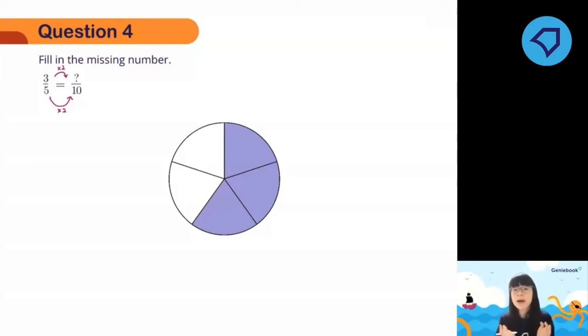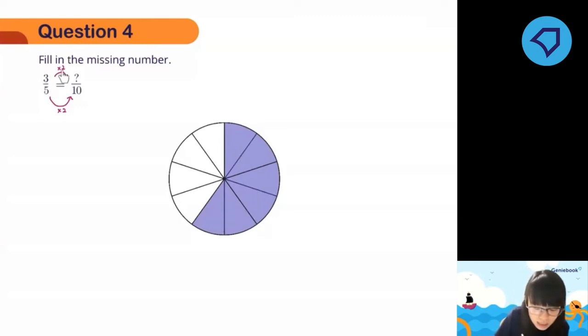That means every part I need to times 2. Ta-da! Can you see each part now becomes 2? Yes, we have to draw more lines. And then how many parts are shaded? We have 1, 2, 3, 4, 5, 6. So 3 times 2 will give you the answer of 6.